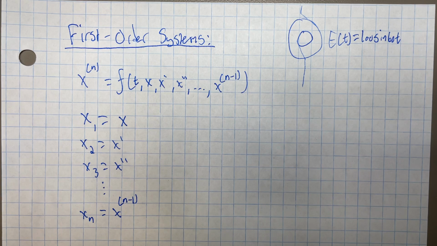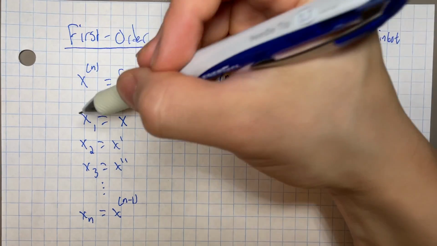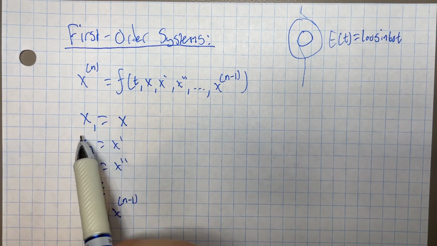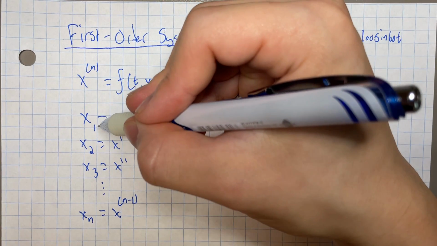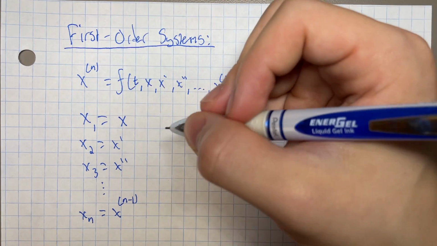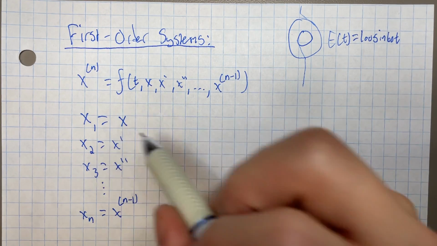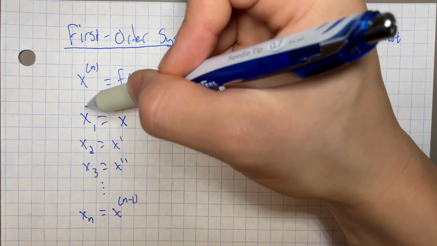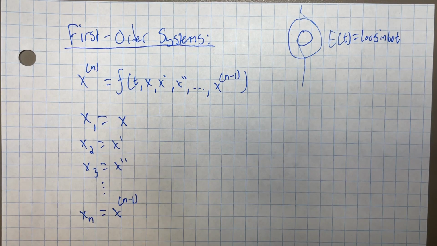And so you can see in this system that if you differentiate this equation, you're going to get the derivative of x equals x1 prime, and then you can see the derivative of x also shows up in this equation, equal to x2. So then x2 equals x1 prime, and so on and so forth, like x3 equals x2 prime.